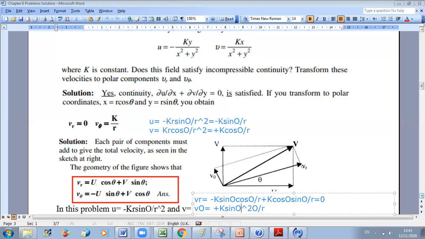Okay, and then for the second term, I have plus V cosine theta, so V is k cosine theta over r. So when I multiply by cosine theta, I will obtain k cosine squared theta over r. And you know that sine squared plus cosine squared is 1, which will simplify to k over r. So look, the expression is much simpler in polar coordinates, much simpler than in rectangular coordinates. Okay? Any question on this problem?